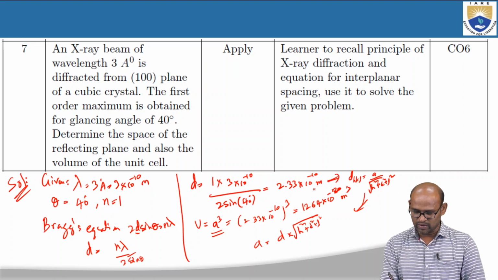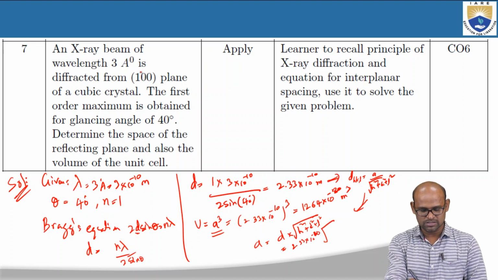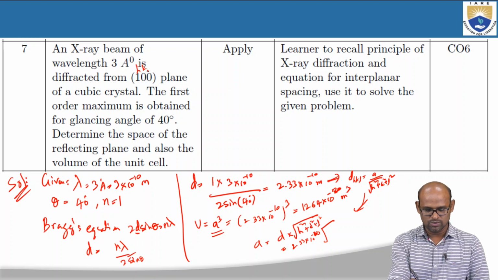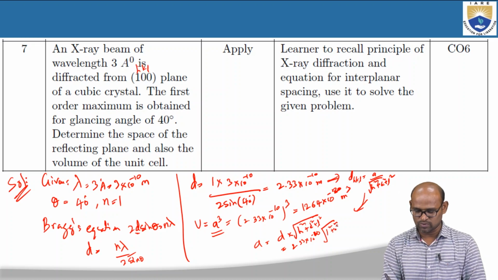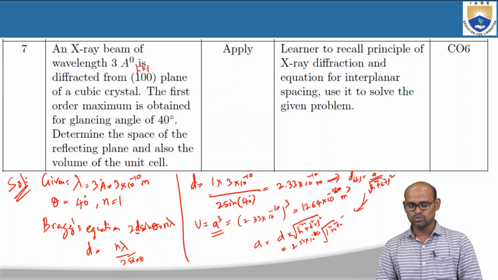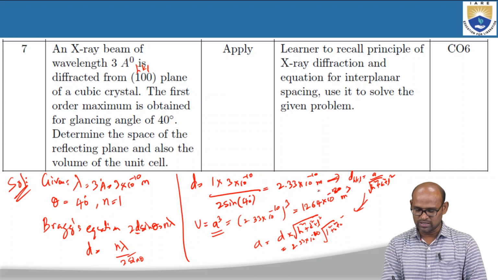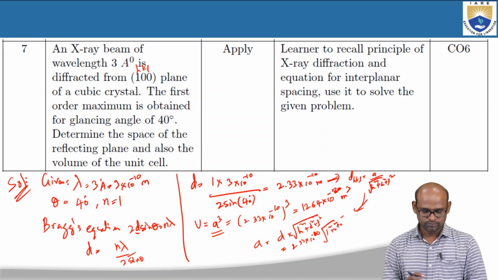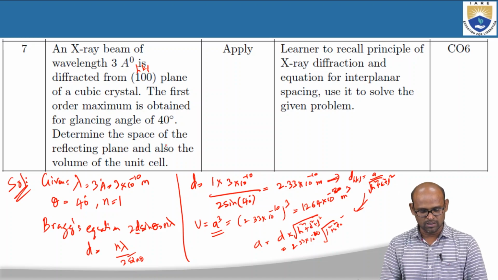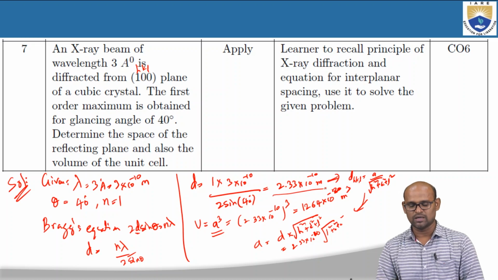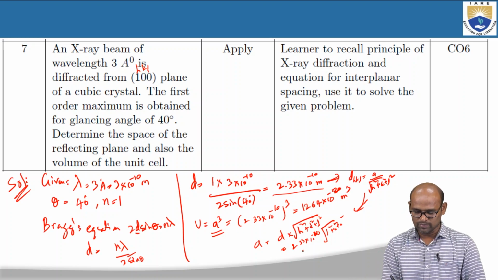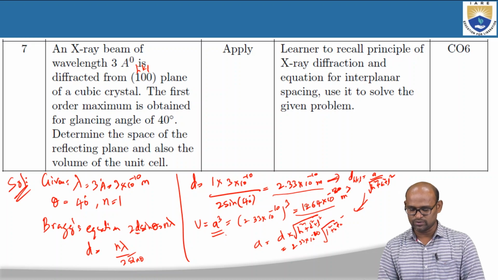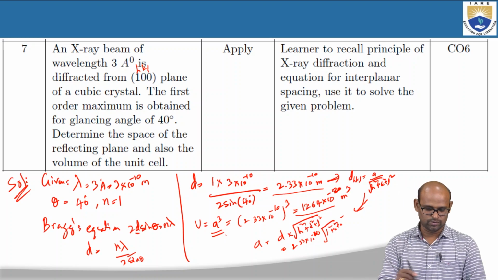So d we already know, we have calculated 2.33 into 10 power minus 10, and square root h square plus k square plus l square, so this is the 100 plane. So h is 1, square plus 0 square plus 0 square. So a is also 2.33 into 10 power minus 10. So d is actually equal to a because hkl is the 100 plane. So the spacing of the plane is 2.33 into 10 power minus 10 meters, and the volume of the cube is 12.64 into 10 power minus 30 meter cube.